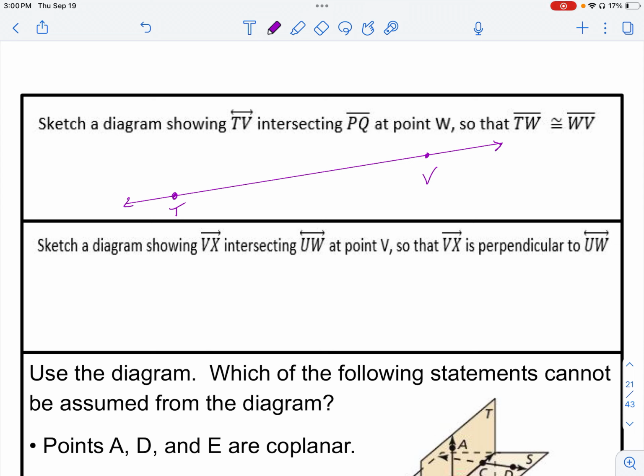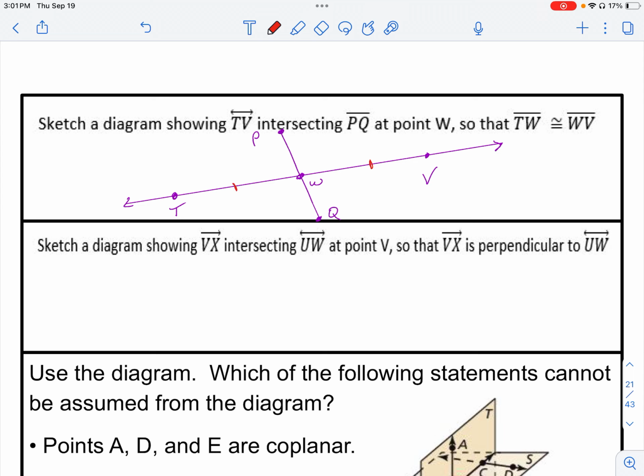Intersecting PQ, segment, so these are endpoints, at point W, so that's point W in the middle, so that TW is congruent to WV.